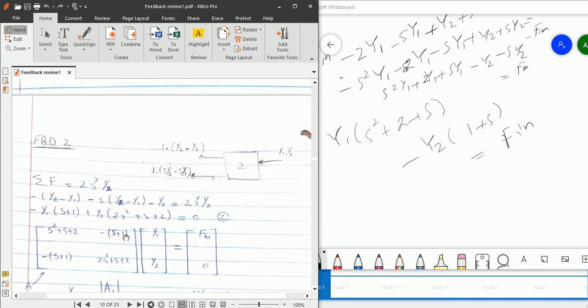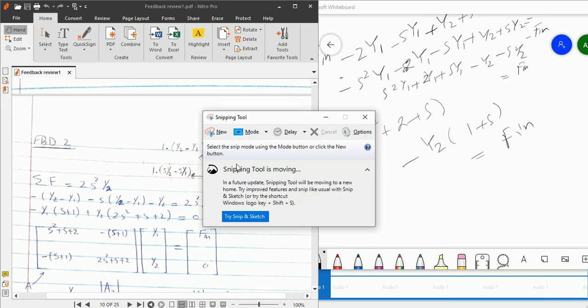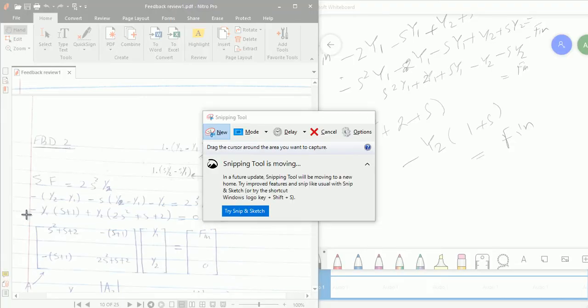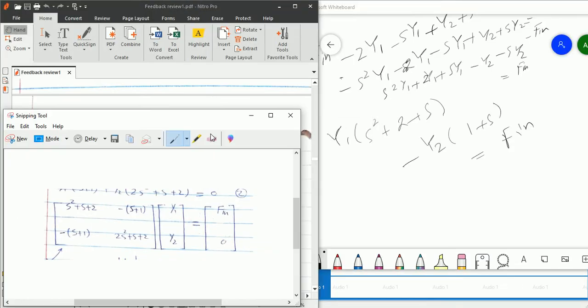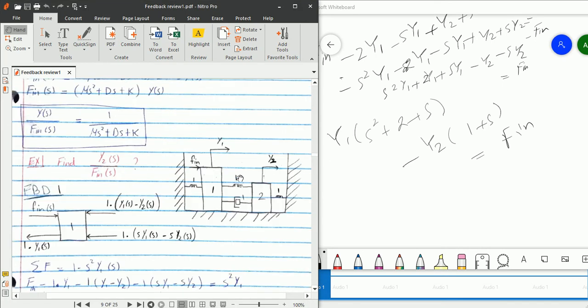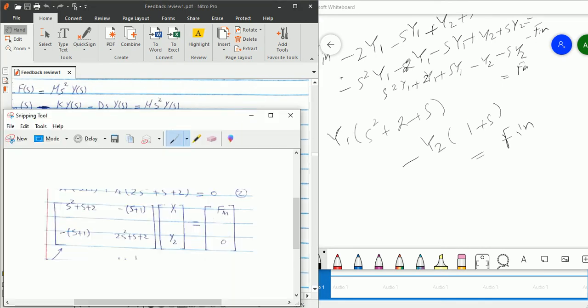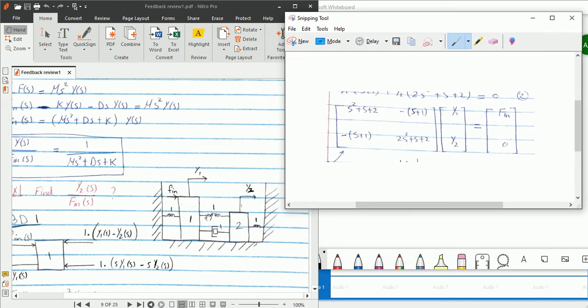Now please look at these matrices. I just want you to look at these matrices. It's very piece of cake. It's very easy. How? So just see this. Here on the mass 1, how many components do you have connected? 1, 2, 3. Okay, 2 springs, just add these, it will be 2. 1 plus 1 is 2.